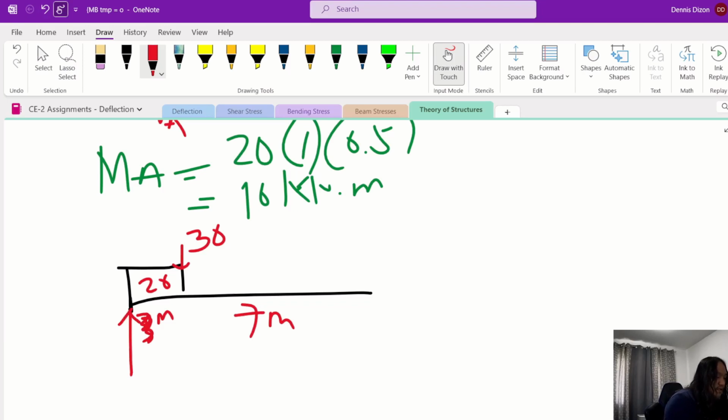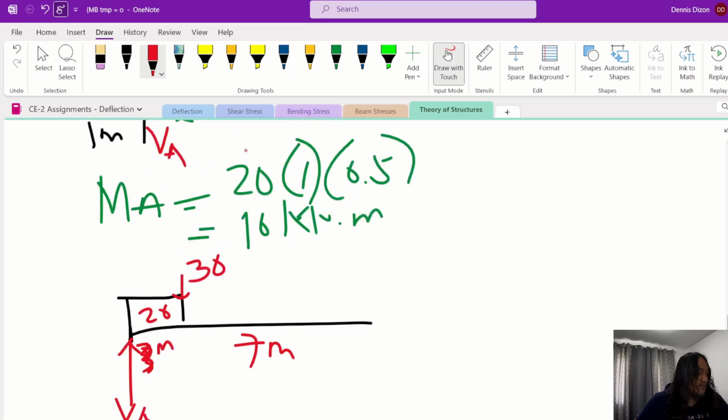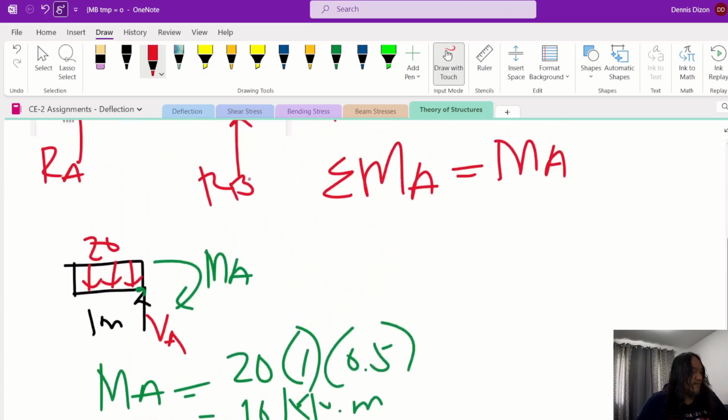This is the shear at A to the right of A, and now our moment, so we have the moment here, clockwise.